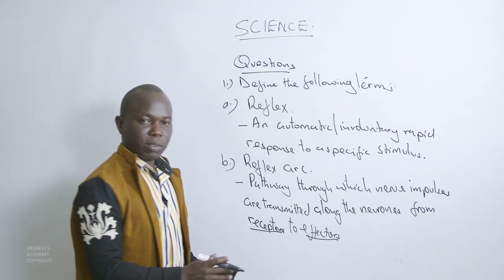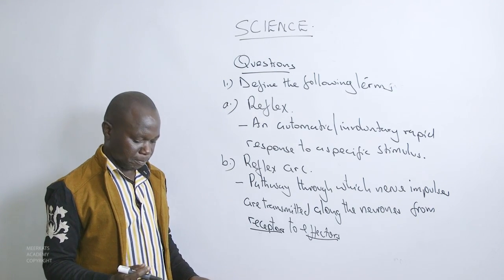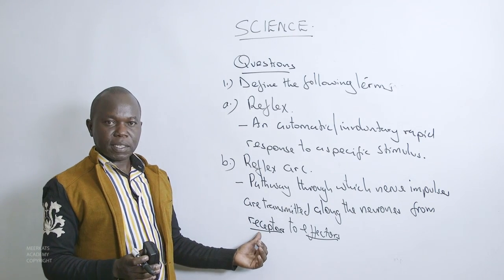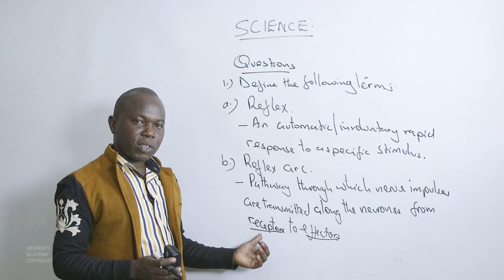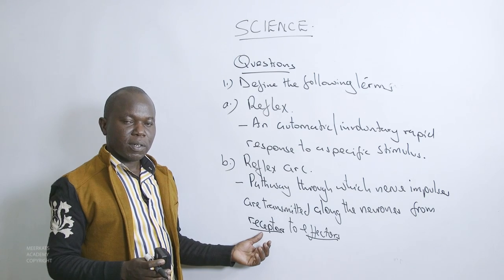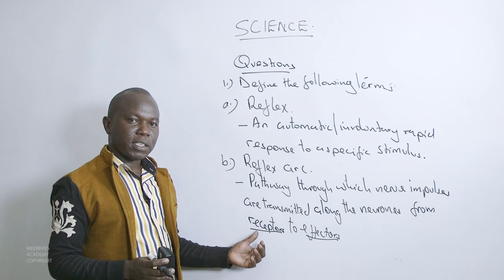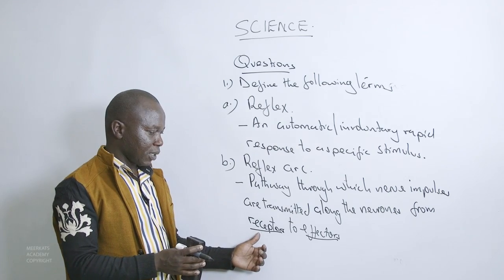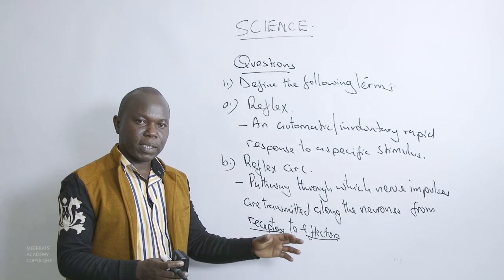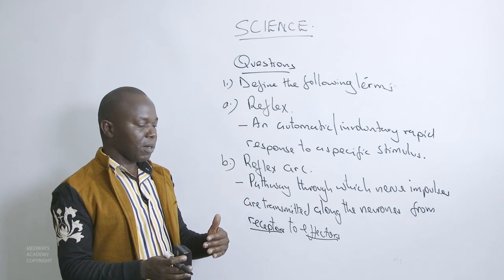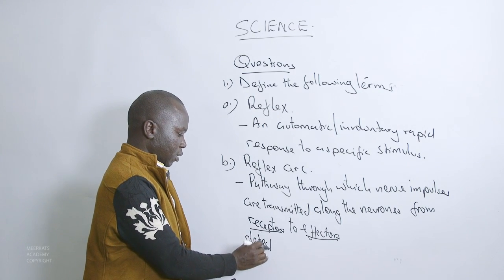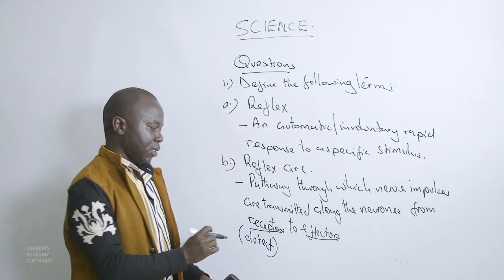So just to emphasize a little bit, receptors. Those are structures that have numerous nerve cells, the ones that detect change in the environment. Effectors execute the command by the brain. In other words, they are the ones that bring about response. Receptors detect a change in the environment.